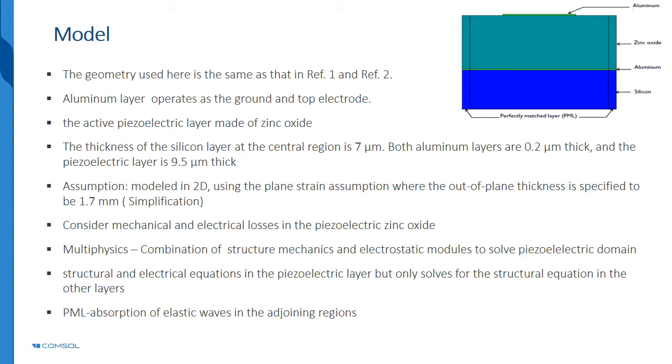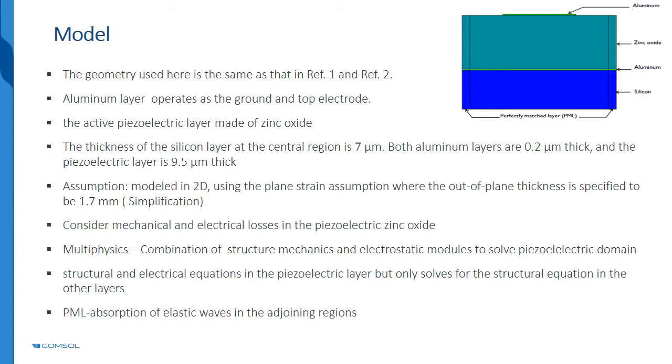This model has two aluminum layers which operate as ground and top electrodes, and one active piezoelectric layer in between the aluminum layers. The thickness of the silicon layer at the central region is 7 micrometers, and the aluminum layer is 0.2 micrometer, or 200 nanometers, thick.